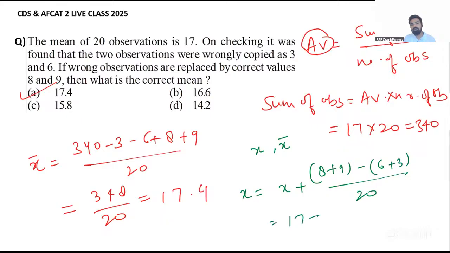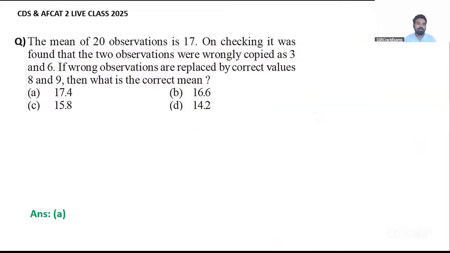It is 17 plus whatever you get from here, so it will be a bit more than 17, 17.54 or something. So you can directly do this as well. X bar is equal to old mean plus the extra amount, divided by 20. That's it.